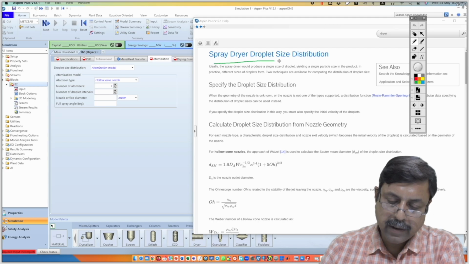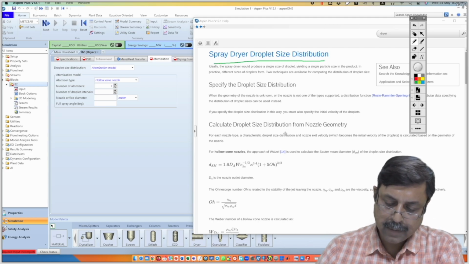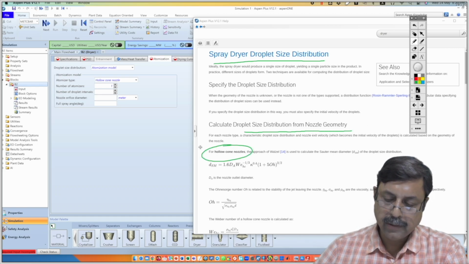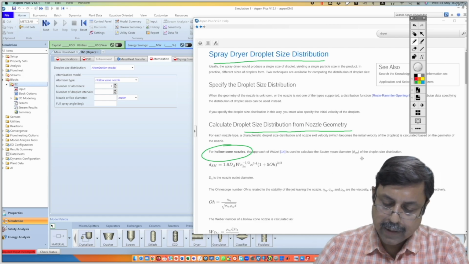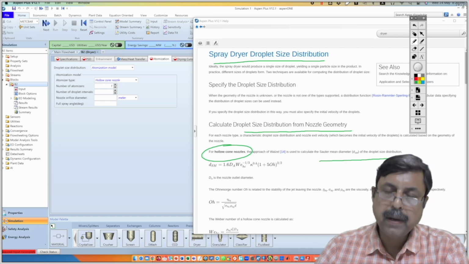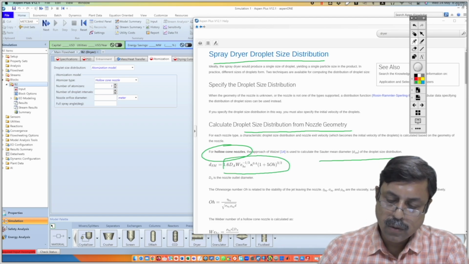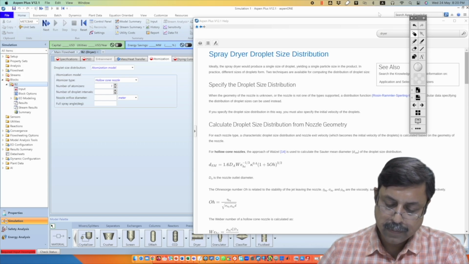This is the spray dryer droplet size distribution. You can calculate it from the nozzle geometry. Now here you have hollow cone nozzles, and the Sauter mean diameter of the droplet size distribution is calculated from this equation. What are the things that are unknown to you?